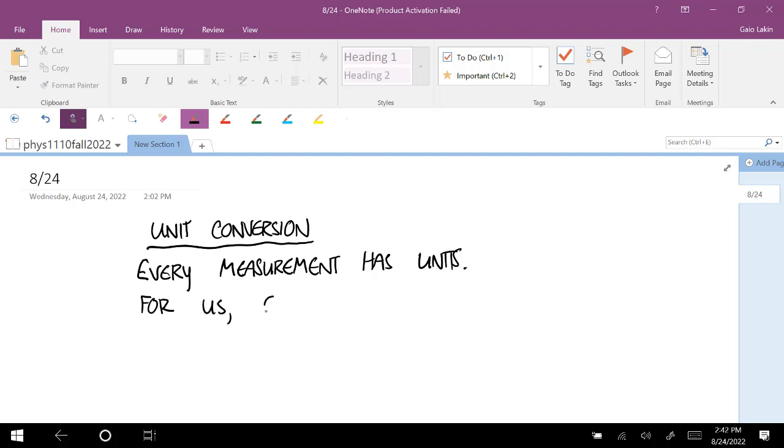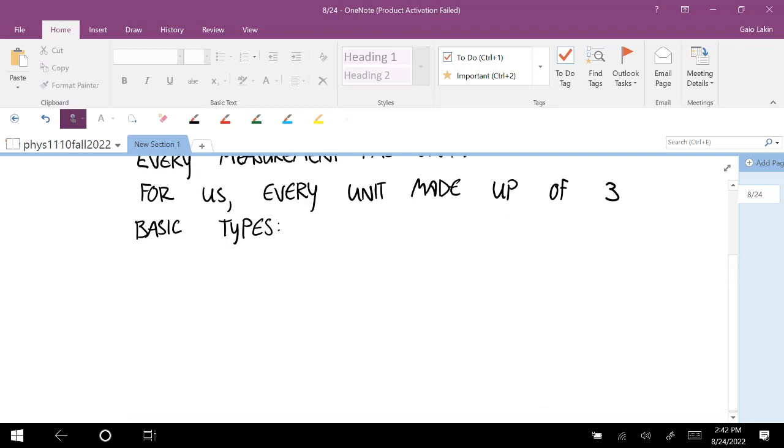So for us, every unit is made up of three basic types. Length, and the kind of units you see for length are inches, feet, meters, miles, and so on, light years.